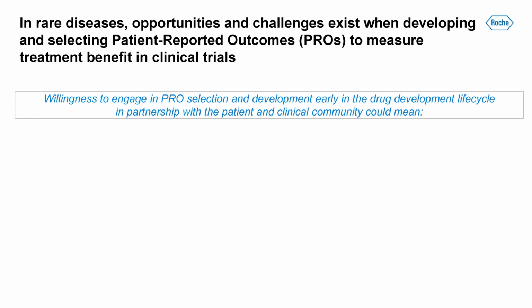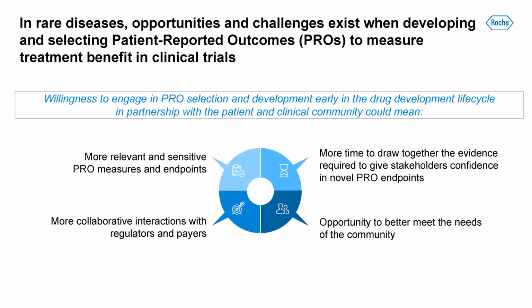And if there's a willingness to engage in patient-reported outcome selection and development early in the drug development lifecycle, in partnership with the patient and the clinical community, this could mean that we have more relevant and sensitive patient-reported outcome measures and endpoints that really capture the concepts of importance to patients living with rare diseases.